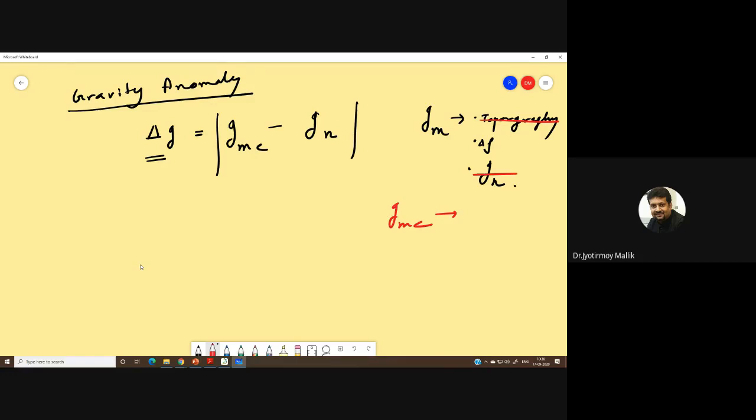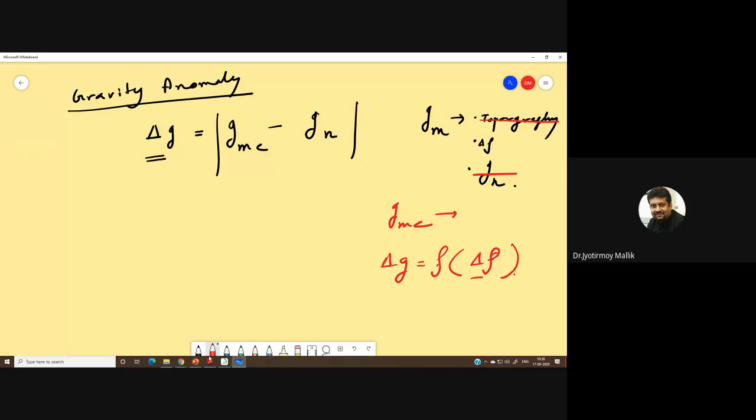So what we are left with, delta G, depends on how well you have done your correction. Then your delta G becomes only a function of your delta rho.